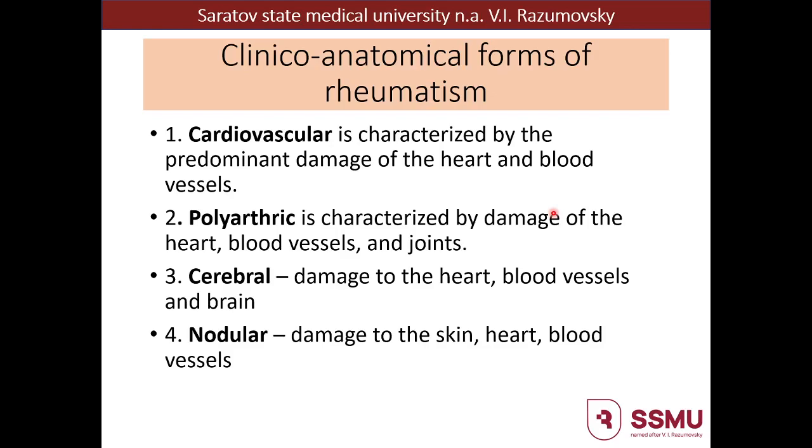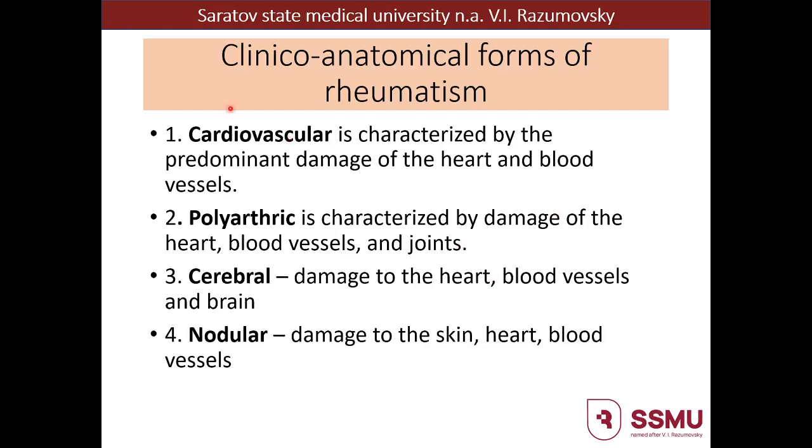I have already told you that rheumatism is a difficult or complex disease which can have some special clinical-anatomical forms. You should understand that all of these forms will be associated with injury of heart and blood vessels, but in some forms we may see damage of some other special organs.